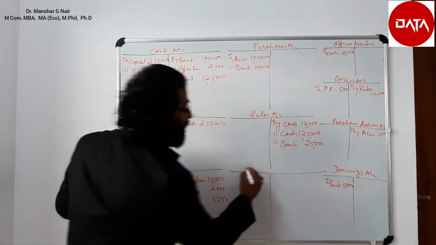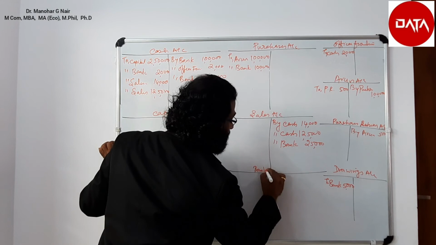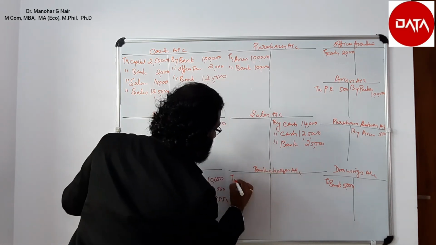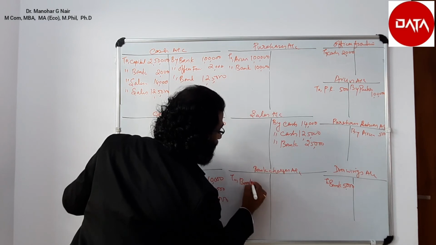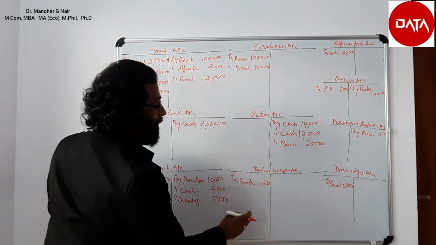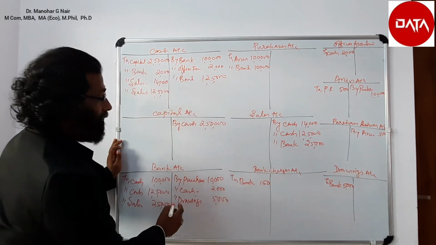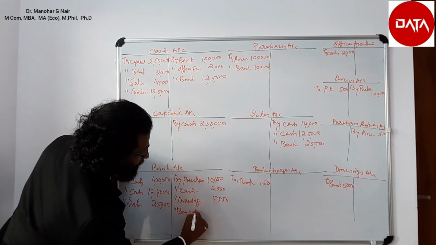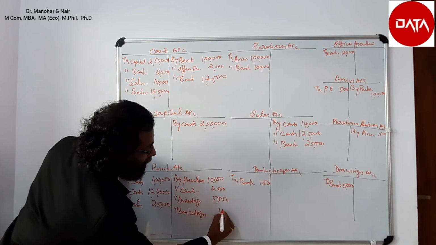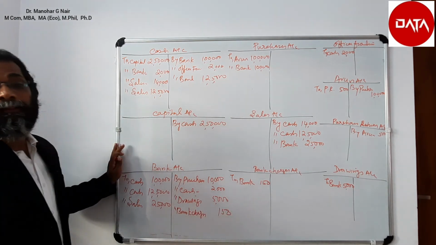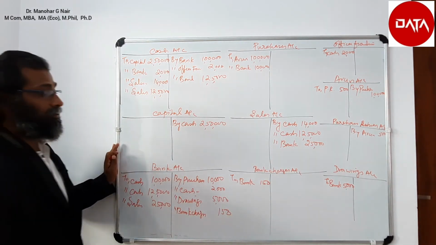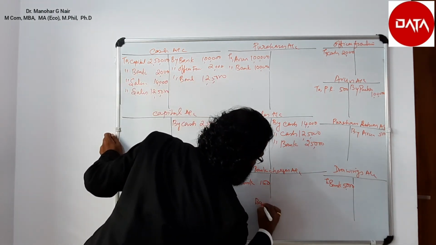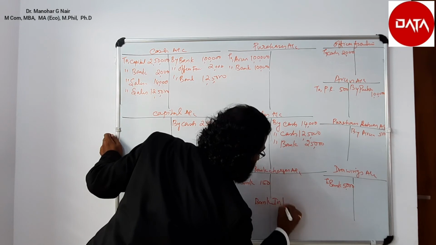We need another account, bank charges, to bank, amount 150. So in the bank account, by bank charges, 150. Then next is bank interest. We need another account, that is bank interest account.